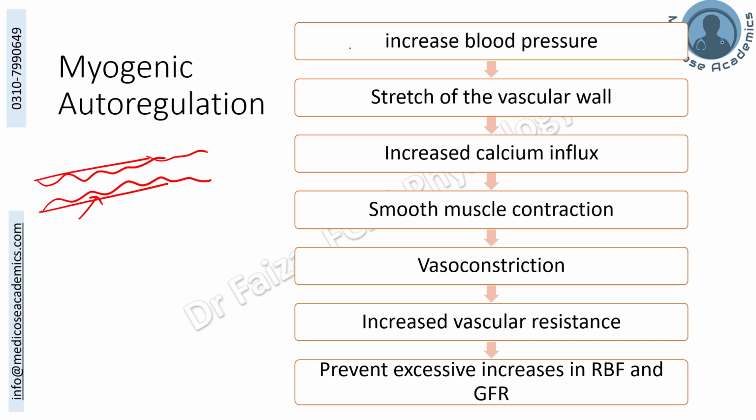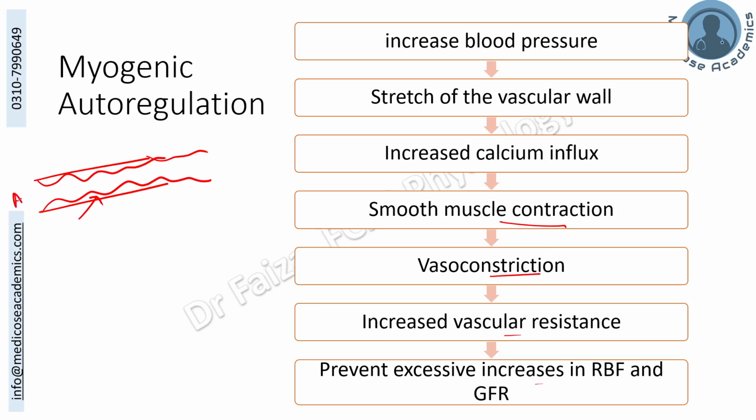So what happens in case of increased blood pressure? The vascular wall gets stretched. By stretching, there is influx of calcium via the mechanically gated calcium channels. This calcium leads to smooth muscle contraction, and there is vasoconstriction, increased vascular resistance, and this prevents excessive changes in the renal blood flow and GFR.